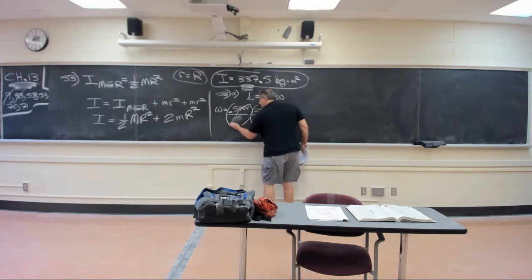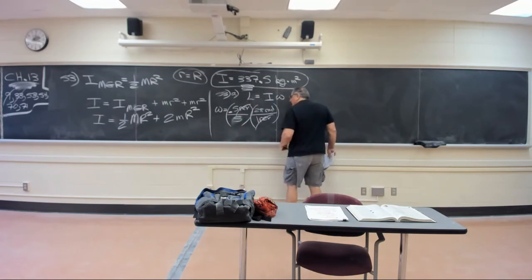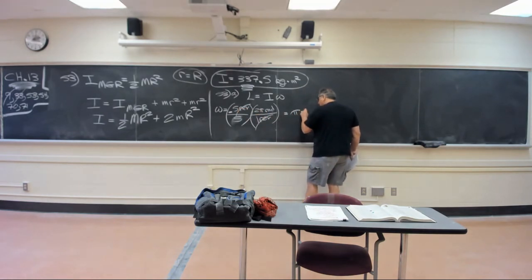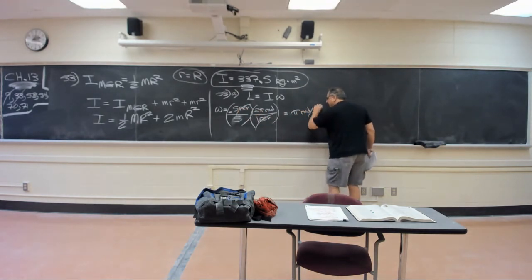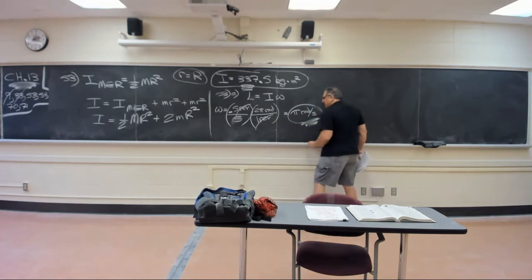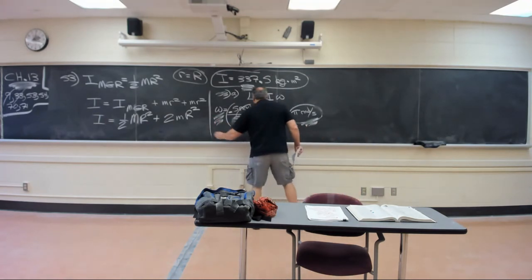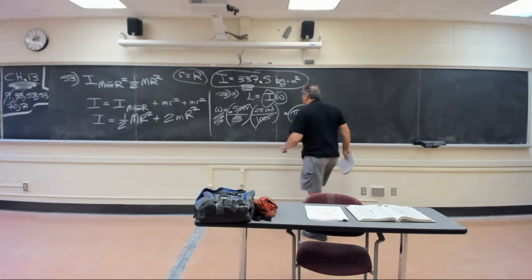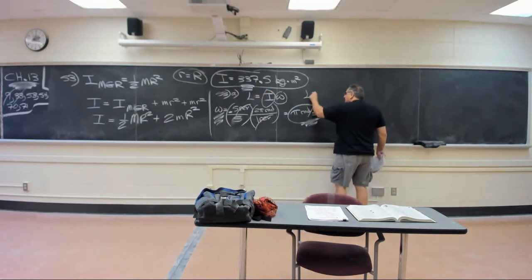These are seconds. 0.5 times 2 pi is pi. It's pi radians per second. That's omega, ladies and gentlemen. We already know what I is. The rest is pretty straightforward stuff.